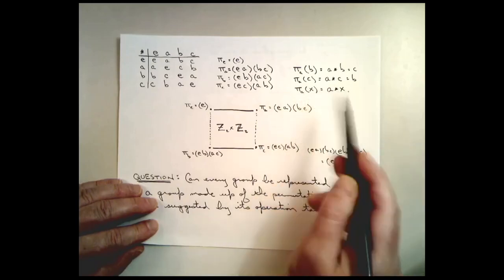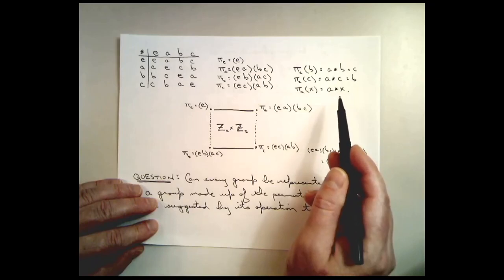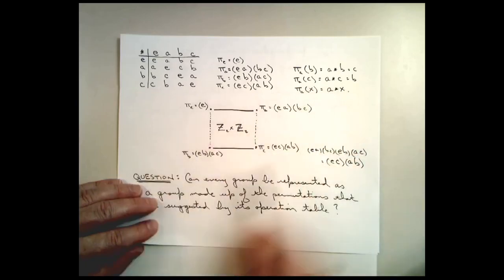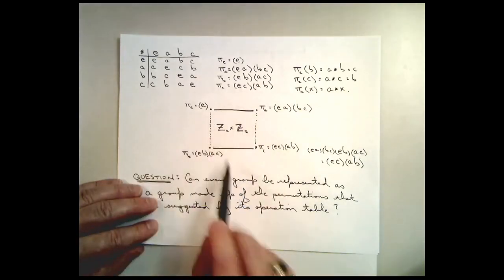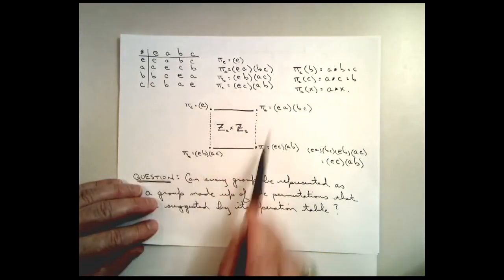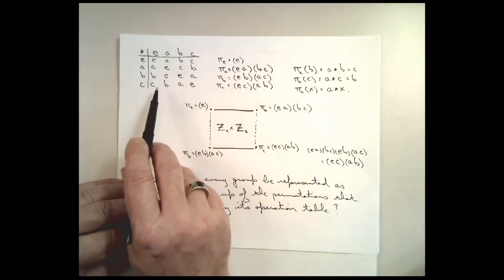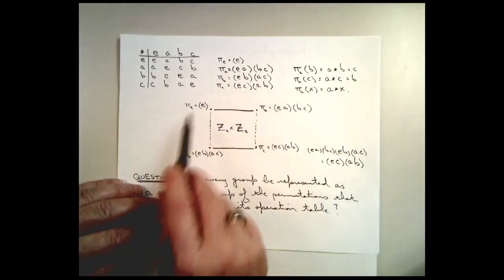So pi sub a really is a permutation. And now what we'd like to do is show that this collection of permutations is in fact, just like we did here, isomorphic to our original group. Our original group had this Cayley graph, and the group of permutations that we've just identified also has this Cayley graph. So this group is isomorphic to a group of permutations.